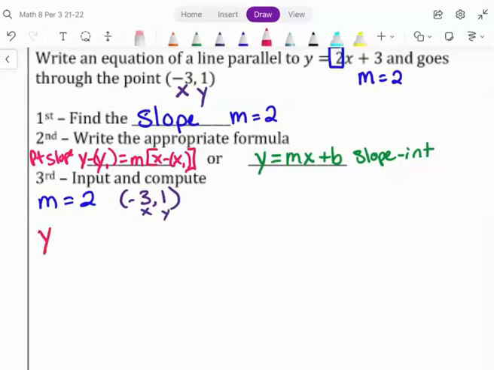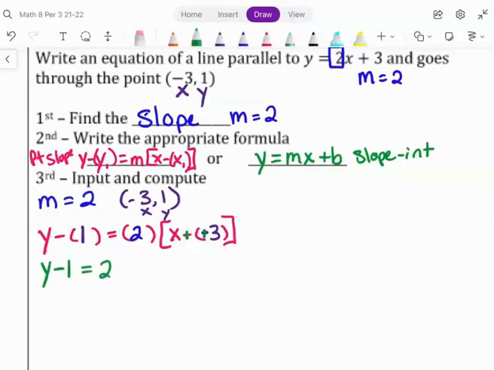So I plug it in: y minus parentheses, m times x minus parentheses. Then I just plug in what I know. My m is 2. My y, remember, y comes before x in these, so it's backwards. Negative is positive 1 and then negative 3. So down here I have plus a positive, and I have y minus 1 equals 2 times (x plus 3).